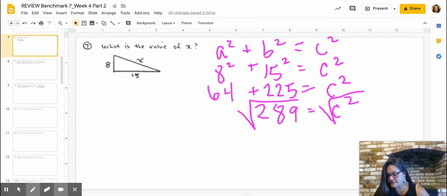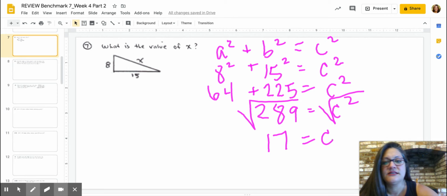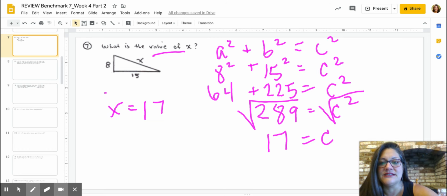Okay. 289, turn my phone sideways, square root 17. 17 equals c, which c equals x. So over here for our answer, it says, what is the value of x? x equals 17.